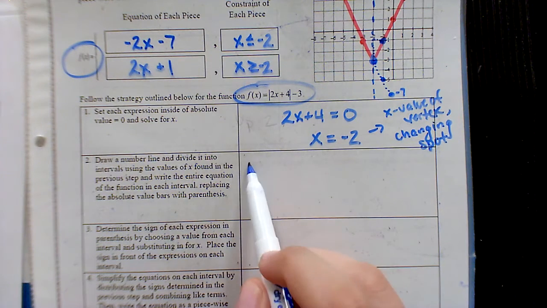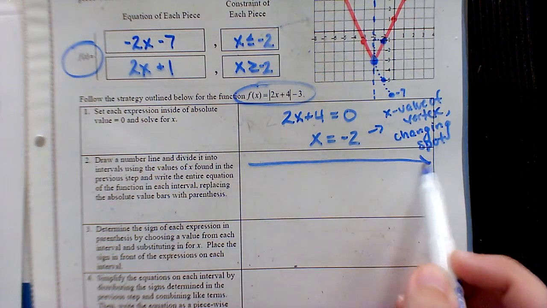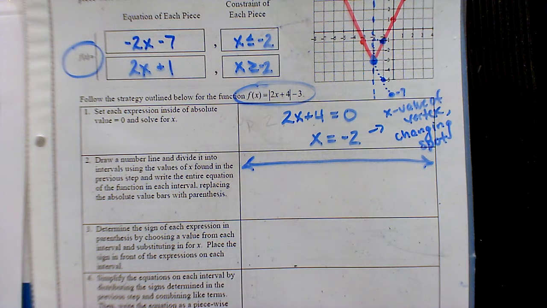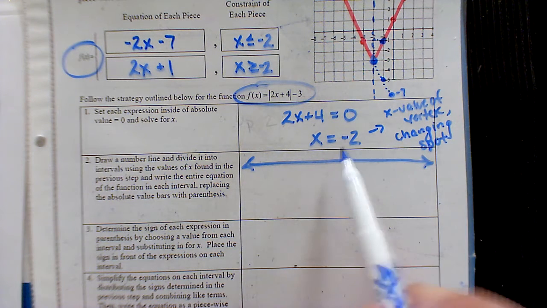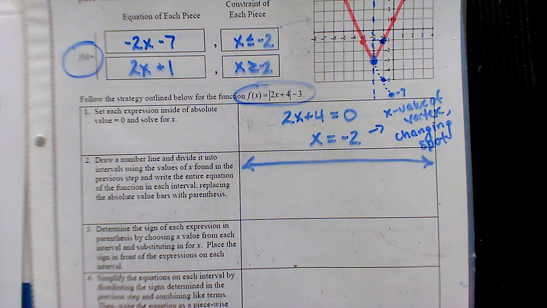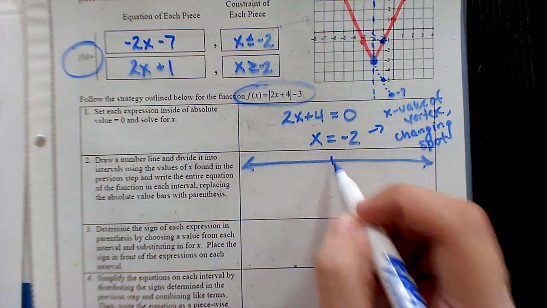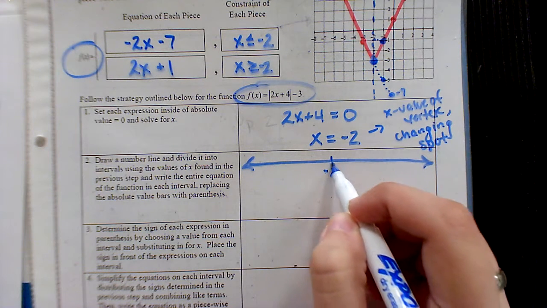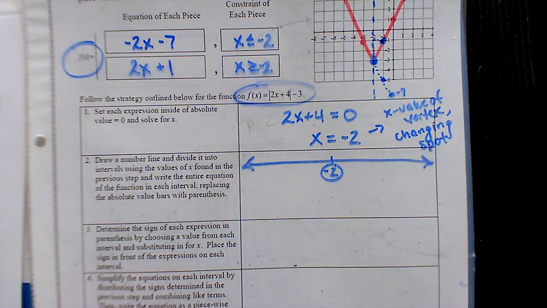So in terms of a number line, we're going to go forever to the left and forever to the right. And we only had one x value that we found, so maybe we'll just put that in the middle. This was our changing point. So that's what I mean by a number line with the x values.